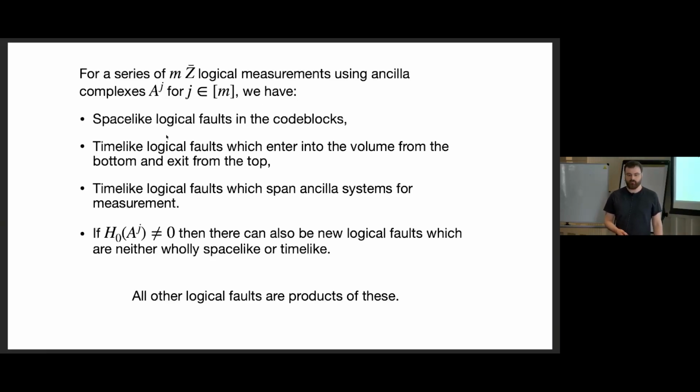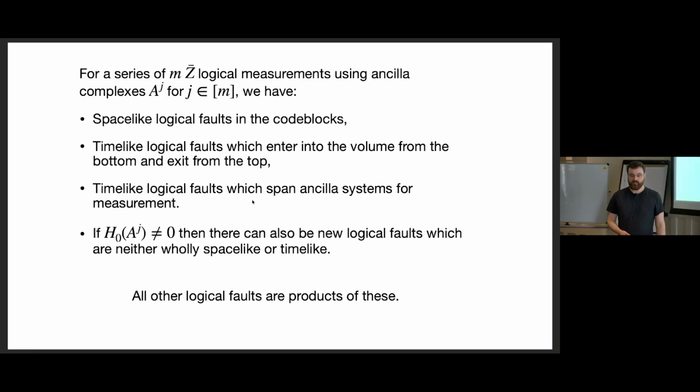I have some space-like logical faults in my code blocks, which are just inherited from the codes that I have at each time slice. I have some time-like logical faults which enter into the volume from the bottom and then go out the top again, because I did this hacky thing to make sure that can happen.